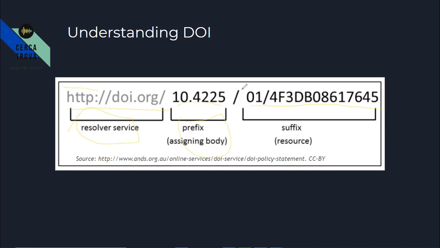The first two parts are assigned by registration agencies to the publisher, and this part is the one that the publisher or the journal editor assigns to your article. The whole of this is your DOI number, or your registration number. You should be very clear that a DOI has three parts, and if any of these parts are missing, the DOI number is incomplete.